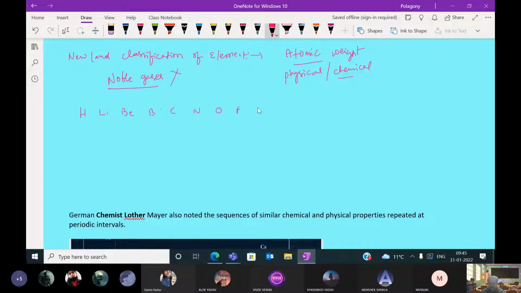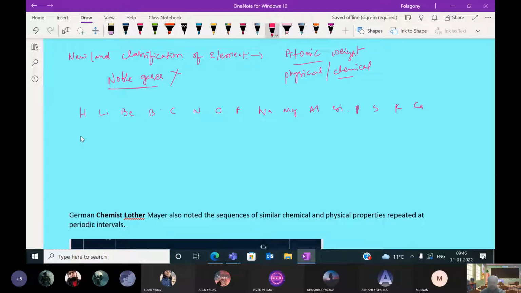There was no neon. Sodium was there, magnesium, aluminium, silicon, phosphorus, sulfur, but no argon. Potassium and calcium were there. These were the elements, and he arranged them in increasing order of atomic weight.